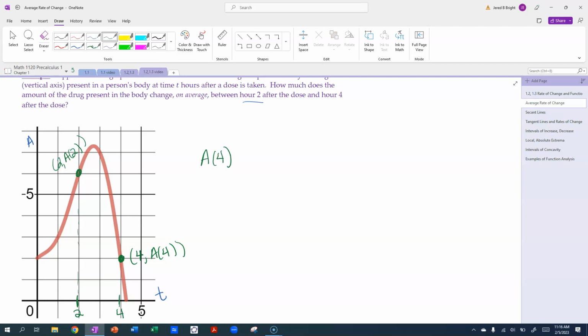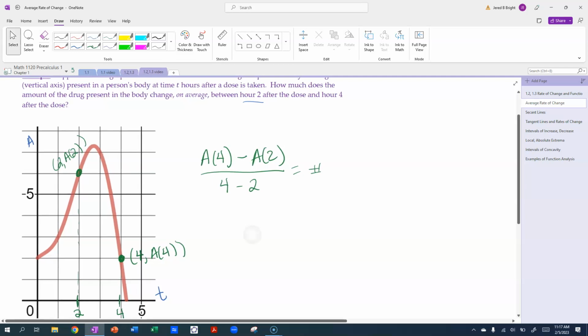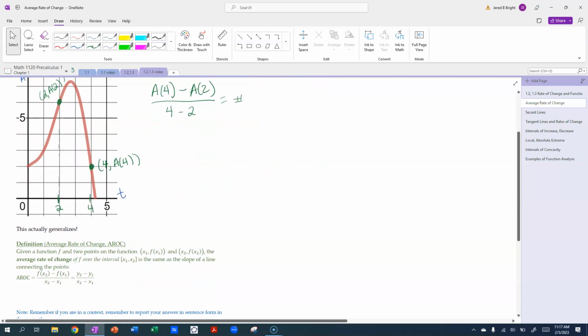So we would do A of 4, what it ended at, minus A of 2, what it began at, so that would be the amount of change, and then I would divide by the change in the time increment. This corresponds to hour 4, that corresponds to hour 2, and then I would get a number. In mathematics, this is how we compute what we call average rate of change, and it generalizes to a nice old formula.